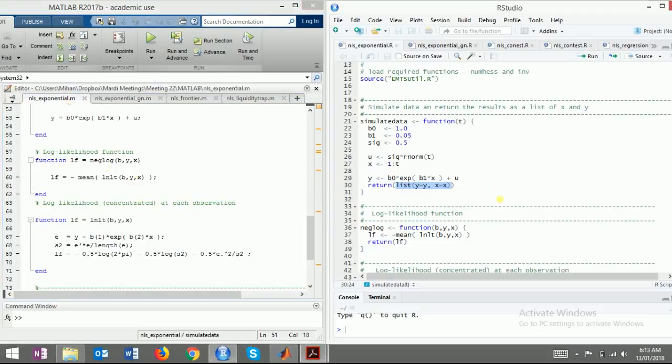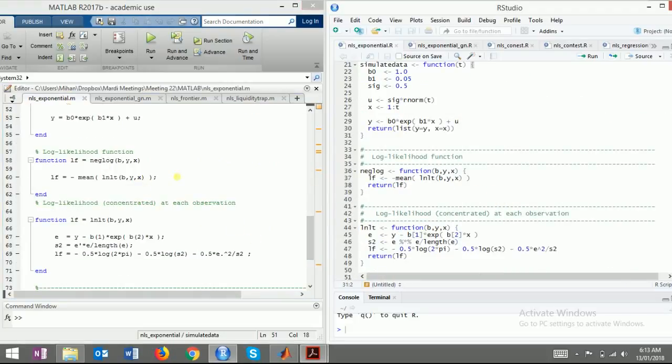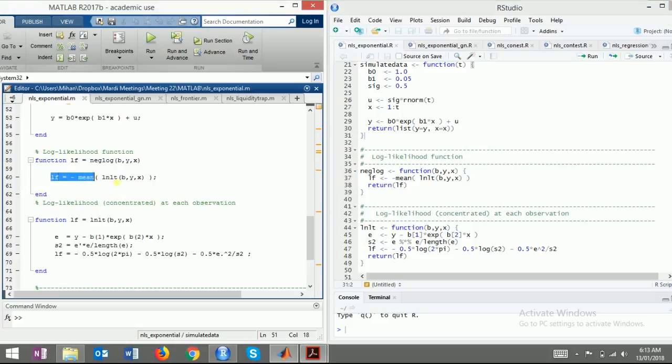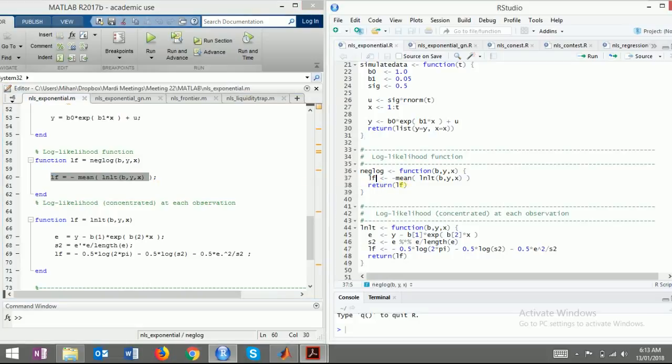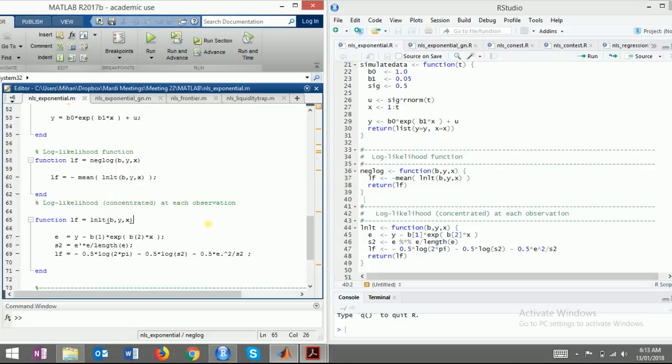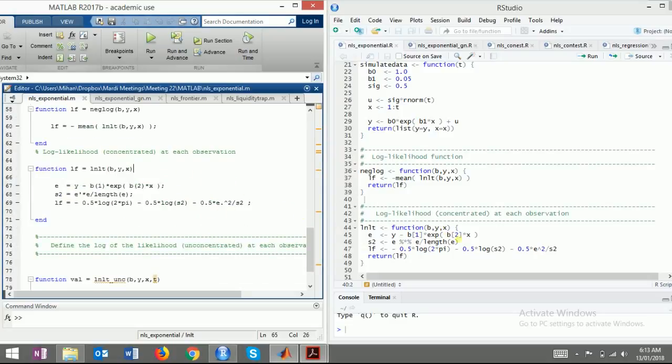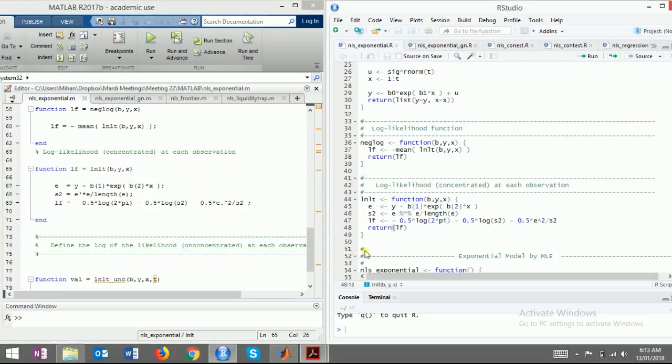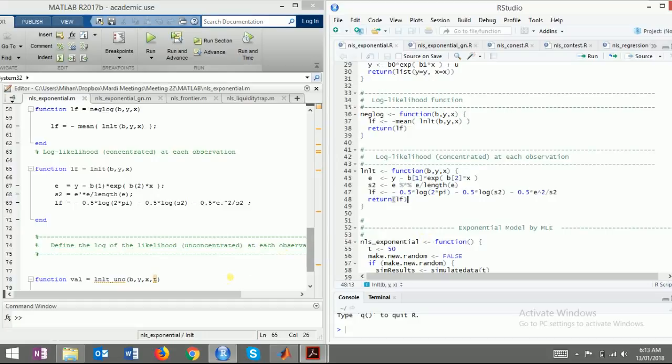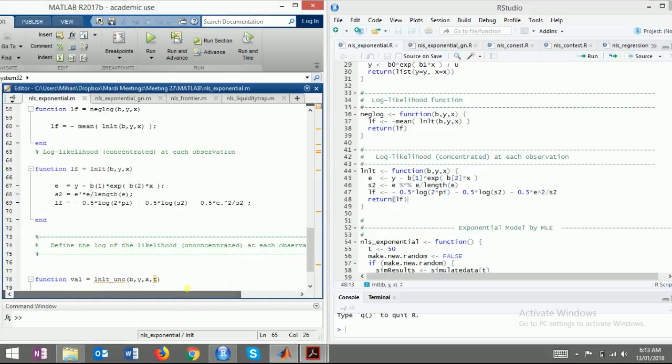Then the log likelihood function. First, beta yx function, beta yx. This is the function mean of this, and return the log likelihood function. Then concentrated at each observation. Now when we are talking about concentrated, we do not need sigma.